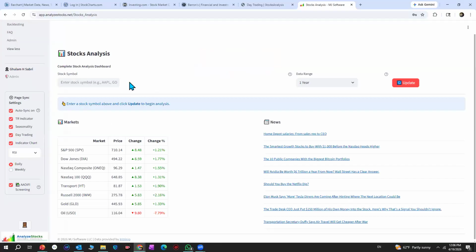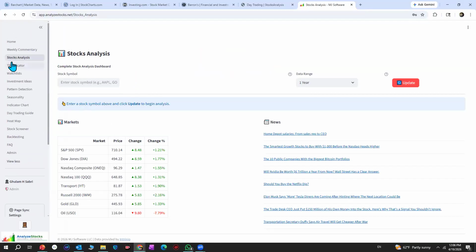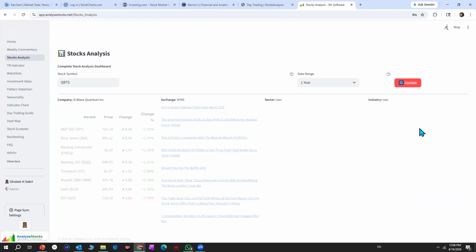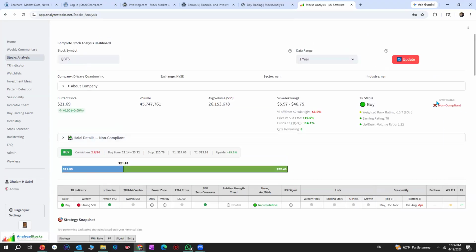It will give you details of any stock you enter here, for example, QBTS. When it analyzes, it will tell you whether it's questionable or not, according to its algorithms. This is a quantum computing stock, so most likely it's going to be questionable. And here it is, non-compliant. This is what it tells you.